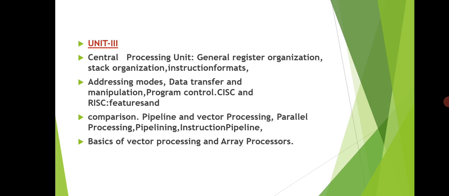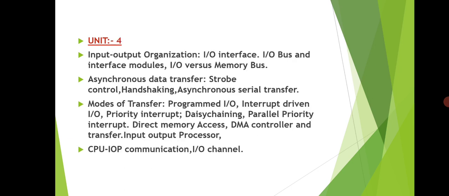So from the third unit, we will see in the CPU how the registers are organized, how the stack is organized, what the instruction formats and addressing modes are. Later we will study RISC and CISC. Next, pipelining, and the next one will be vector processing and array processing.